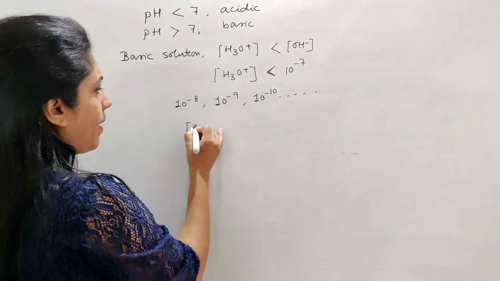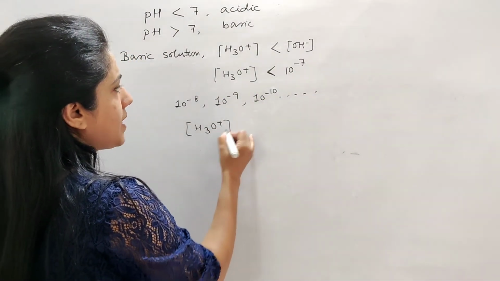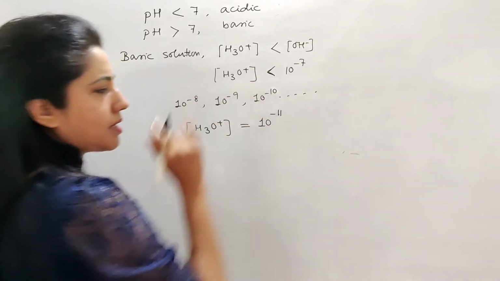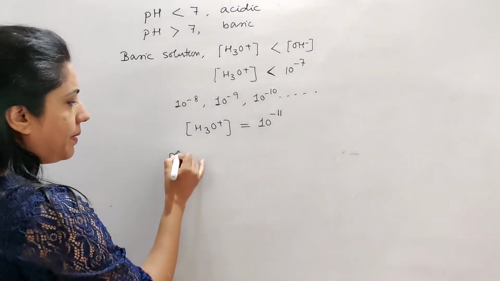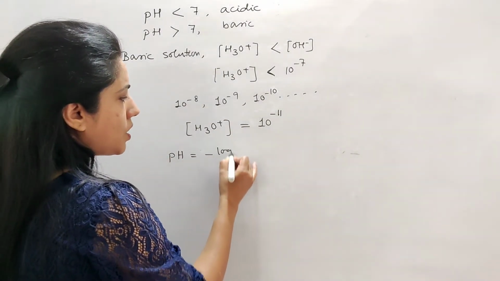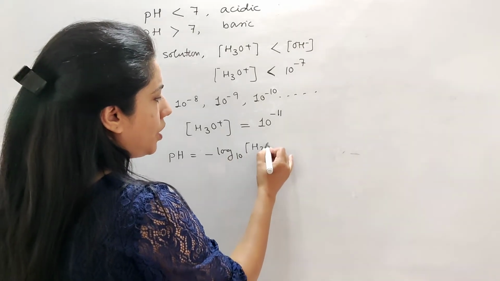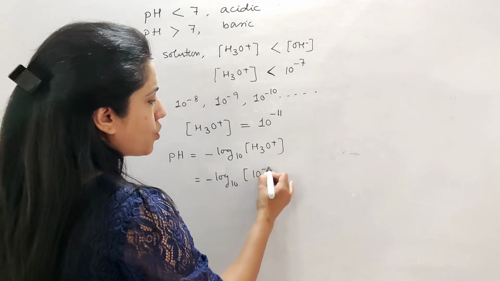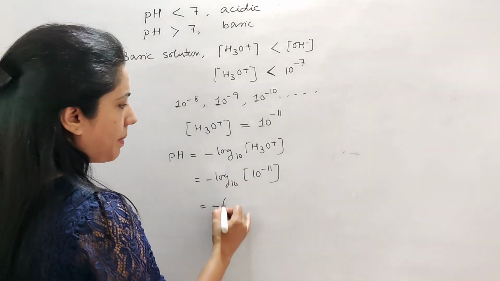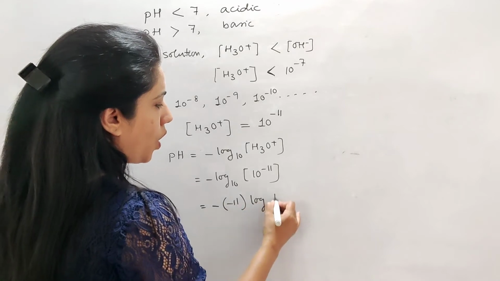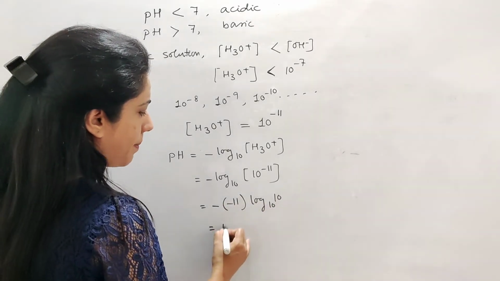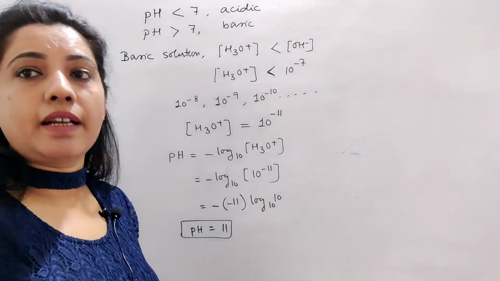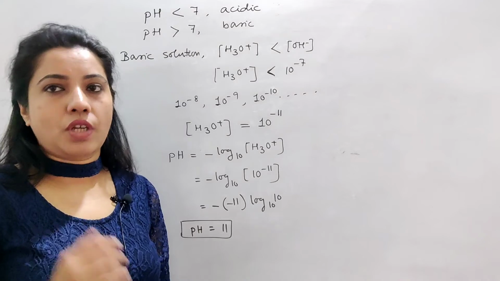So let us take any of the values. Concentration of H3O plus is equal to say 10 raised to power minus 11 suppose. Okay. So what is the pH of this solution then? Minus logarithm of H3O plus concentration, and we have taken H3O plus concentration as 10 raised to power minus 11. So it will be minus of minus 11 log 10 to the base 10, which is coming 11. So that is how pH values are greater than 7 for the basic solutions.